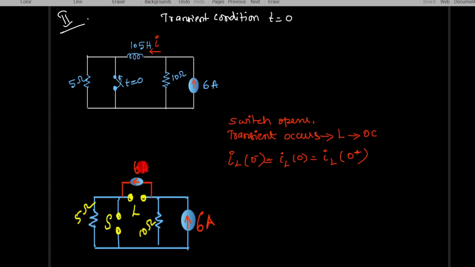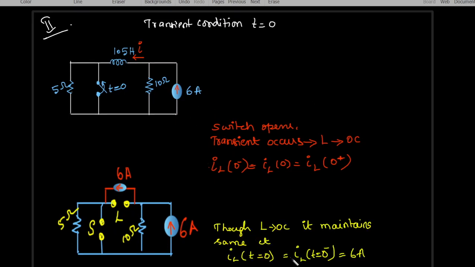Okay, but this inductor will be maintaining the same current. Hence iL of t at instant 0 will be equal to 6 amps. Okay, this is nothing but the earlier current it is holding. So during this transient period, the inductor current is maintained as 6 amps. This is for the second condition.